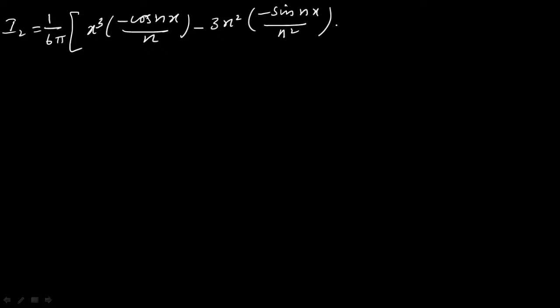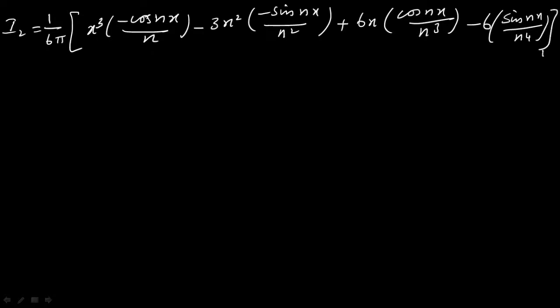U is nothing but x cube times minus cos nx divided by n, minus u dash, that is 3x square, times v2, which is nothing but minus sin nx divided by n square, plus u double dash, that is 6x, times v3, which is cos nx divided by n cube, minus u triple dash, that is 6, times v4, which is sin nx divided by n power 4, with the limit from 0 to pi.